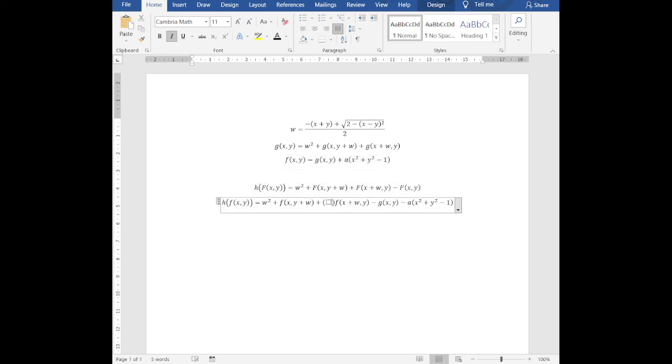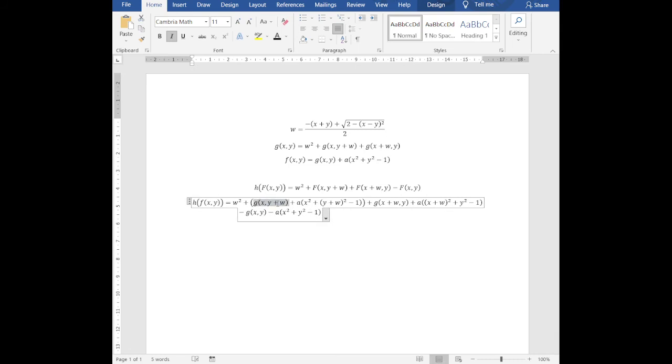I'm going to take f of x plus w, comma y, and again x plus w, comma y. Take those, again expand out brackets, and do the same thing again. So everything within these brackets is now going to have y replaced with y plus w.